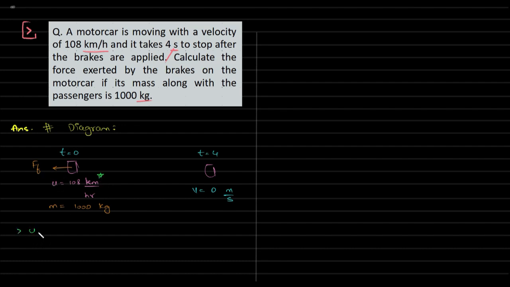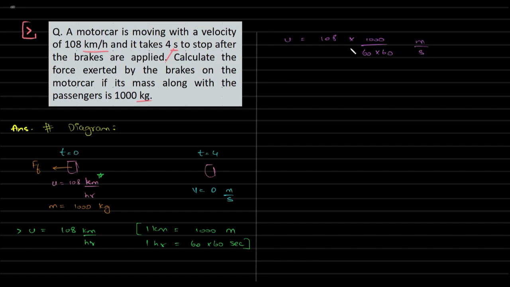So U is equal to 108 kilometer per hour. How do you convert it? So we know that 1 kilometer is nothing but 1000 meters. 1 hour is nothing but 3600 seconds. Now U would be equal to 108 into 1000 divided by 3600 meter per second.